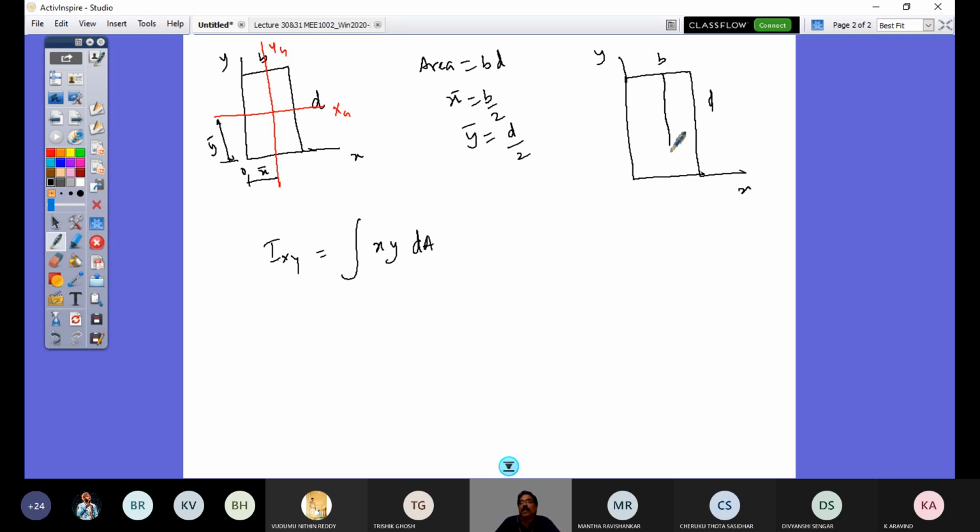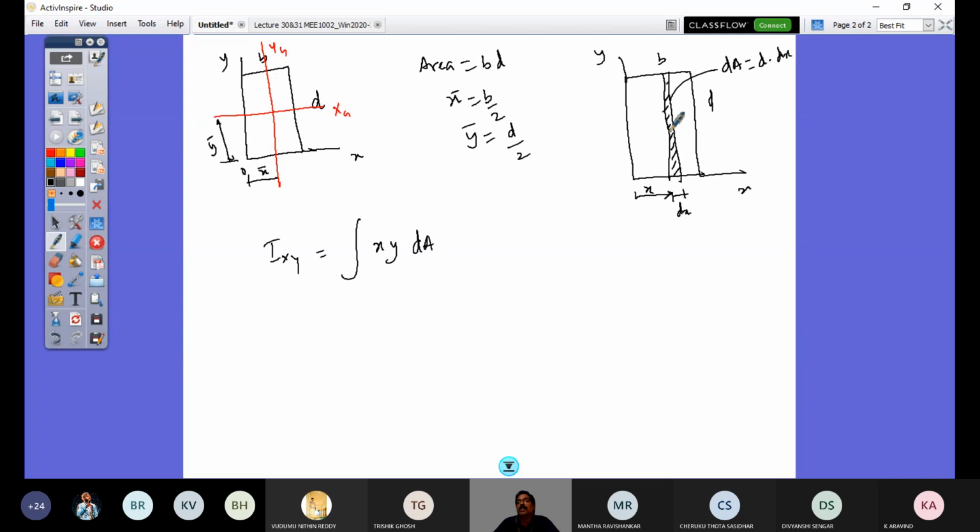Maybe I'll consider a vertical elemental strip. This is at a distance x, of width dx. Let's consider this strip. Now, what is dA of this? dA of this is dx into d. So d into dx is what is dA.